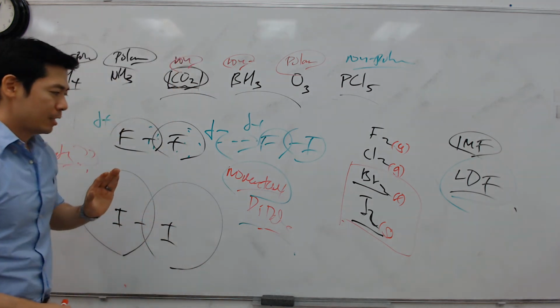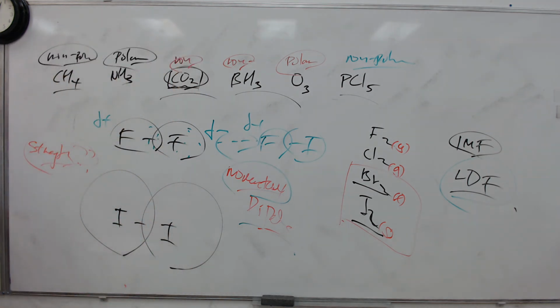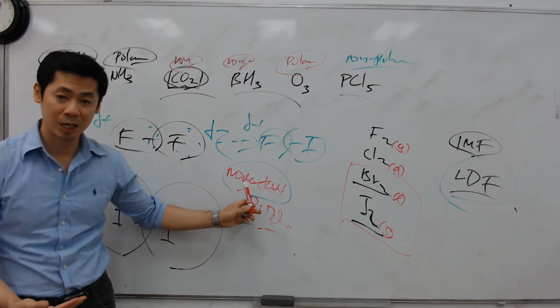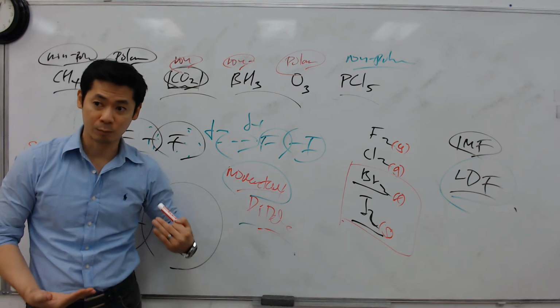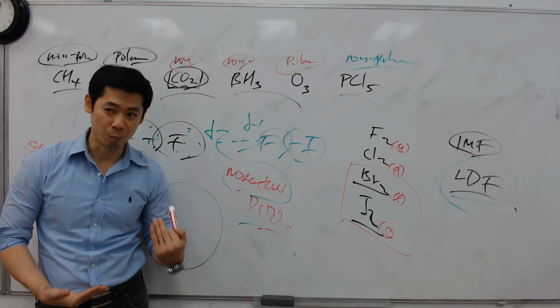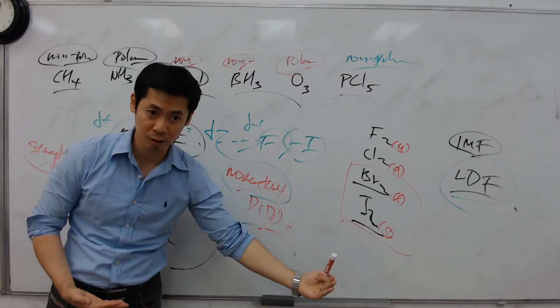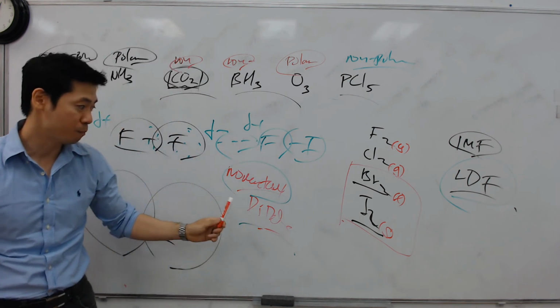So if you want a strong LDF, which means what? You have to have a strong momentary dipole. To do so, you have to have more electrons. The greater the number of electrons, the stronger the momentary dipole.